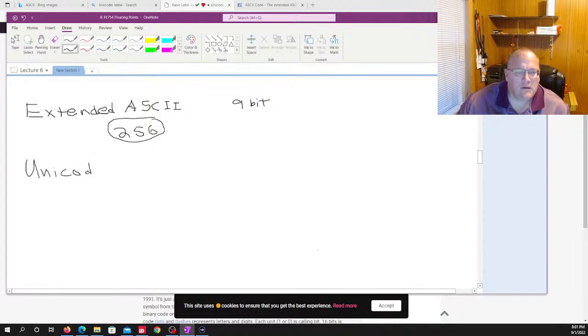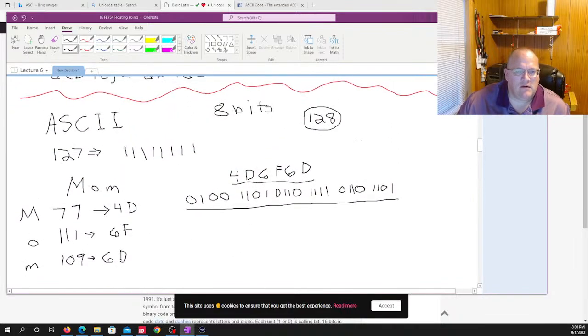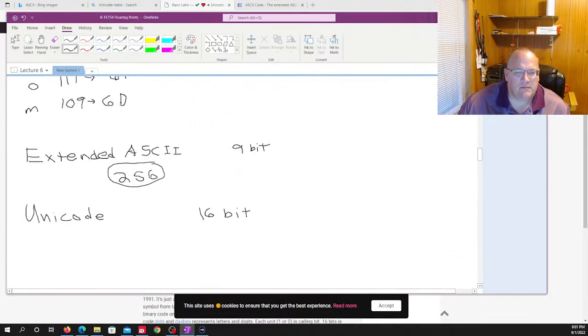So we doubled the number from here to here by just adding 1 bit. And this time we go from here to here, we add 7 bits. So then we double it 7 times. Just pretty significant.